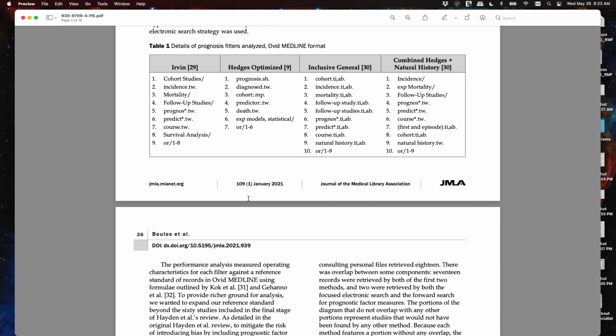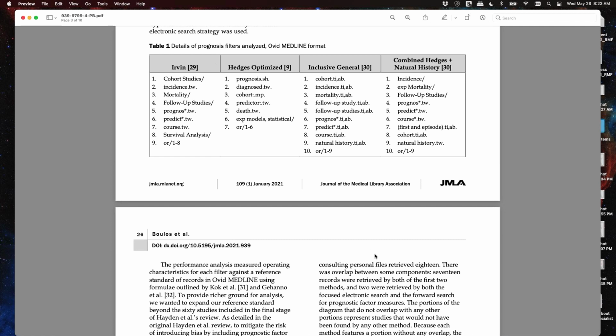Of course, some terms are included everywhere, but sometimes they're just included as subject headings, and other times they're included as title abstract words. And I agree, Chris, and thank you for mentioning this, that it's really nice that they didn't only present the citations for these filters, but they actually display the filters as they are, which really helps to assess them.